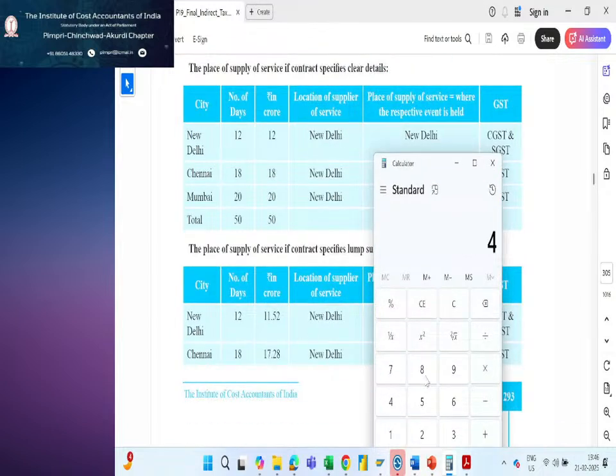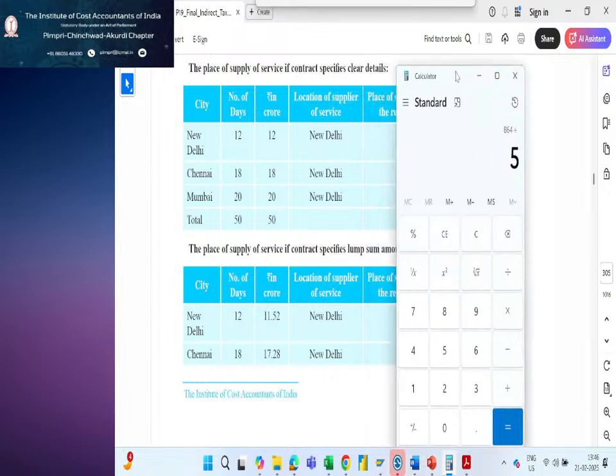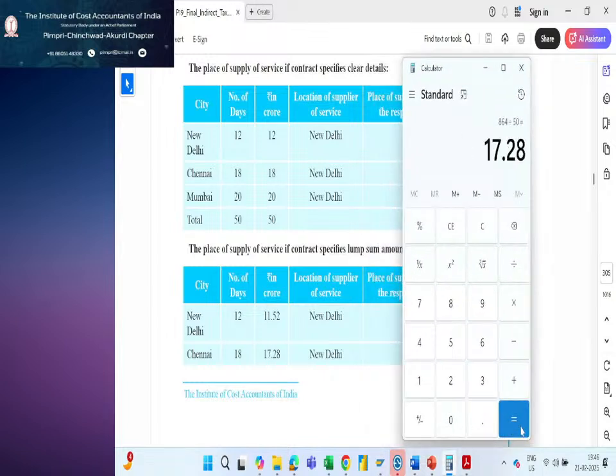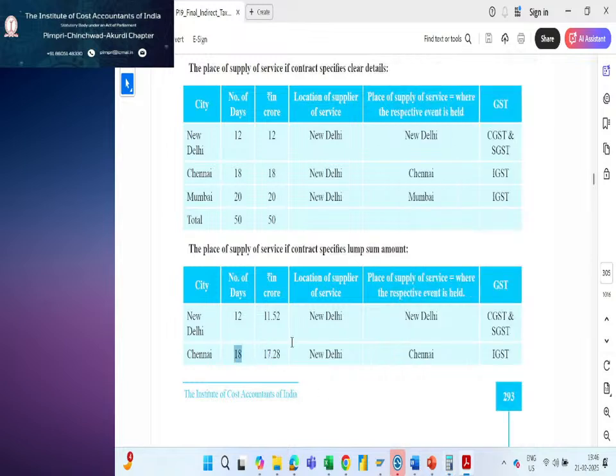And what is 48? 48 is the contract signed. So 48 into, the next one is the number of days, 18 days, into 18 divided by 50. So you will get 17.28.